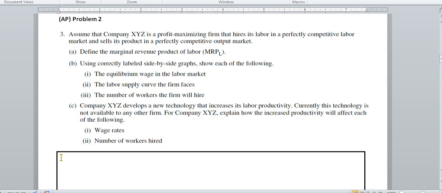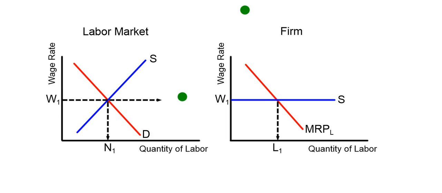So using correctly labeled side-by-side graphs, show each of the following: the equilibrium wage in the labor market, the labor supply curve that the firm faces, which is the supply of workers into the firm, and the number of workers the firm will hire. So what is this supposed to look like? What do you need to draw here? Well, it needs to look like this.